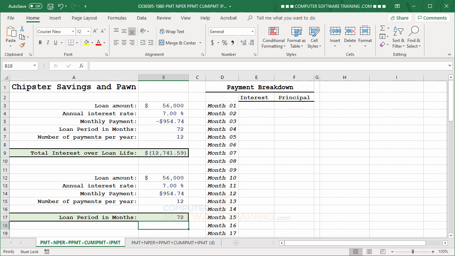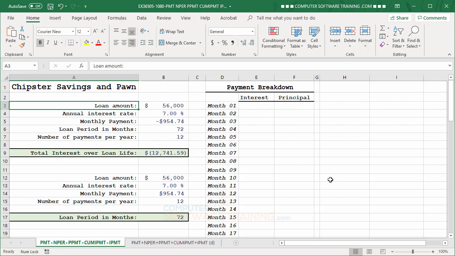Now back to our original loan that we took out here. I think a lot of you have heard this conversation before, where they say at the very beginning of the loan, you're paying more in interest than you are in principal. In other words, most of the $954 is going towards interest rather than principal.